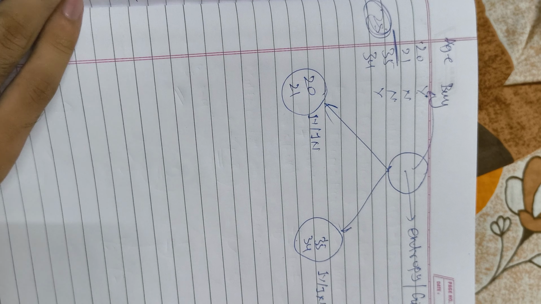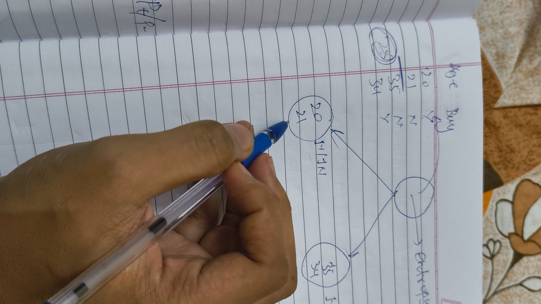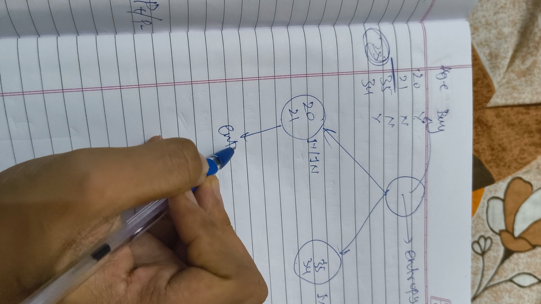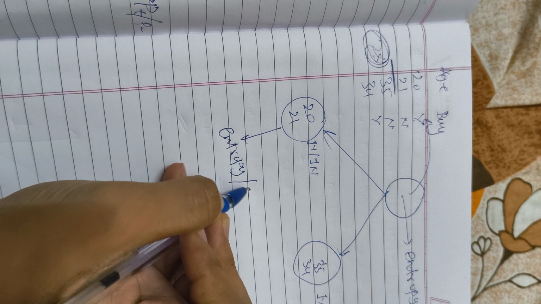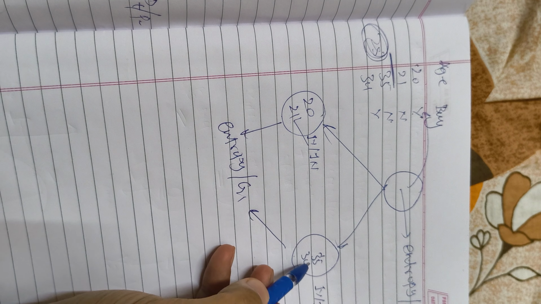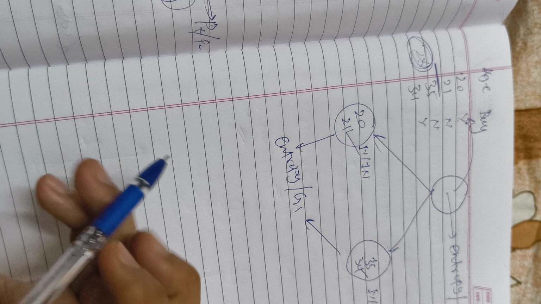Then we will calculate the child impurity now: child node impurity, by entropy or Gini. Similarly, we calculate the impurity for this node and this node also. Then we calculate the weighted average impurity.